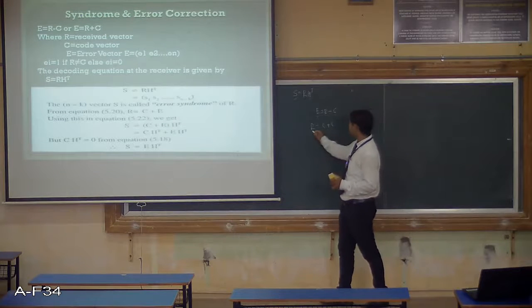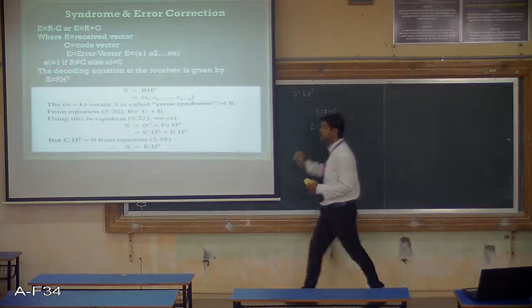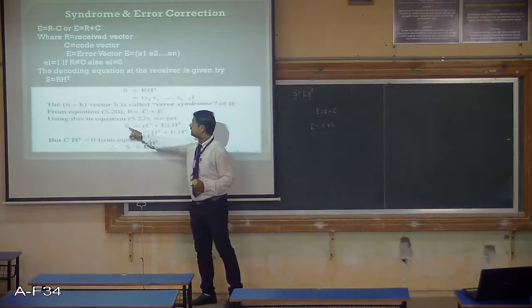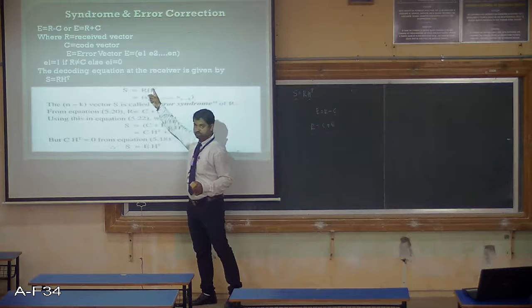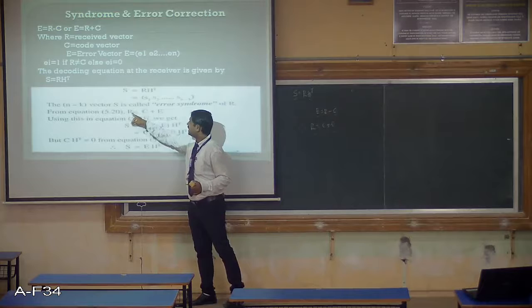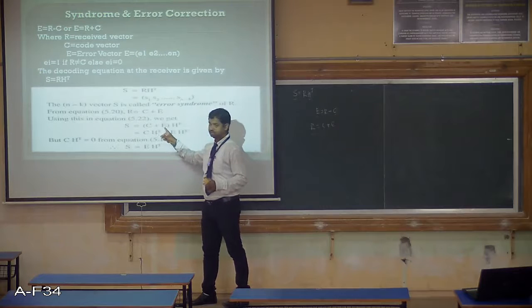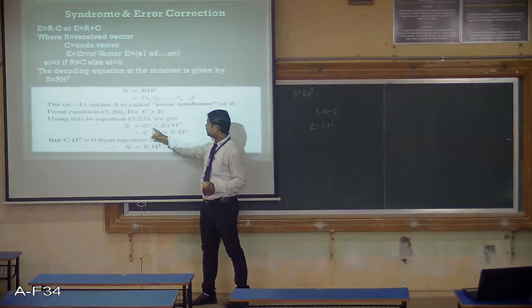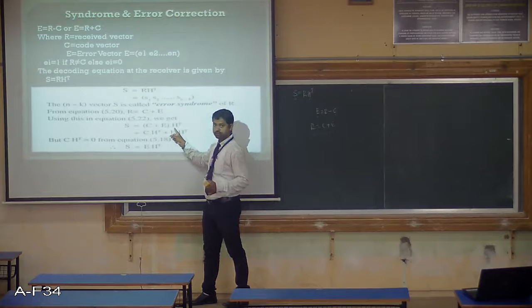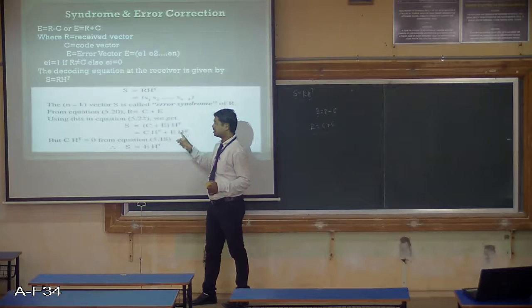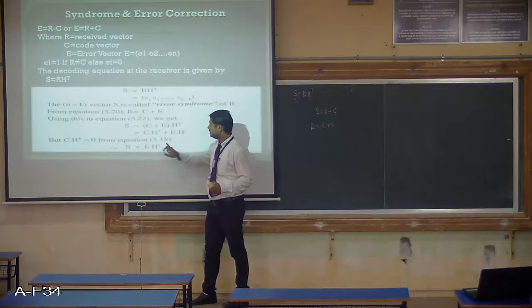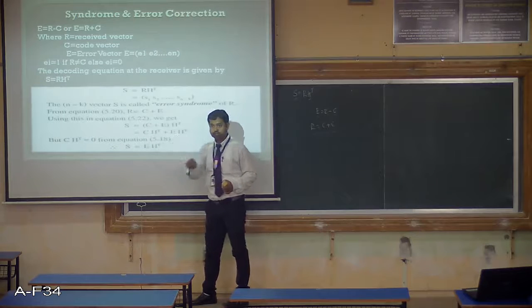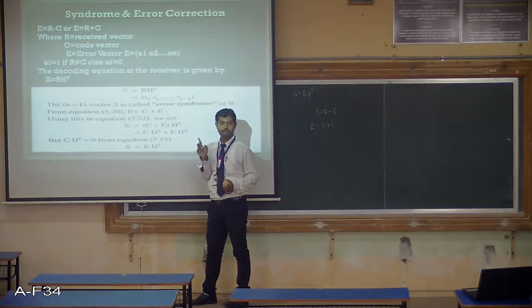So R is equal to C plus E, whereas syndrome S is R into H transpose. Just substitute R as C plus E, so it is C H transpose plus E H transpose. C H transpose is 0, already derived before.